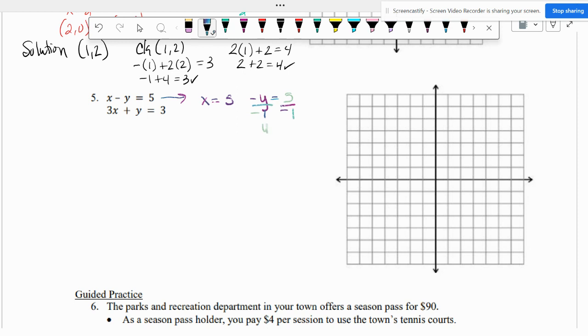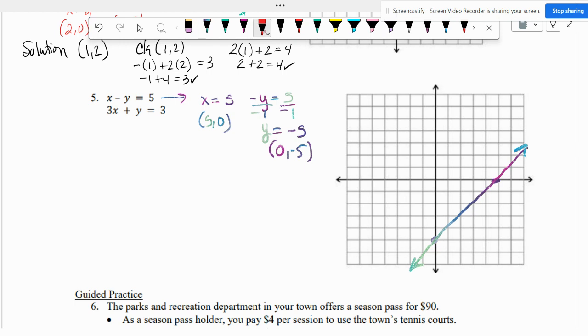And that gives me y equals negative 5. So that's the ordered pair 0, negative 5, or 5, 0. So these look like this. That has a slope of 1.